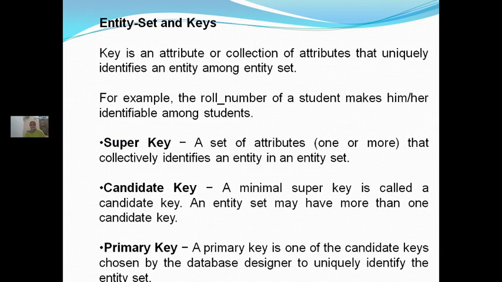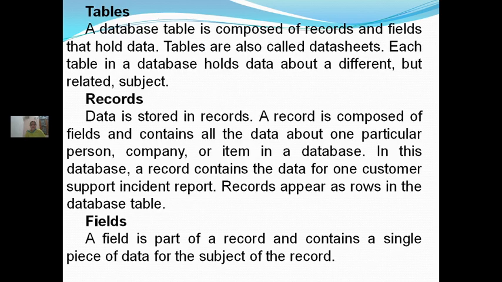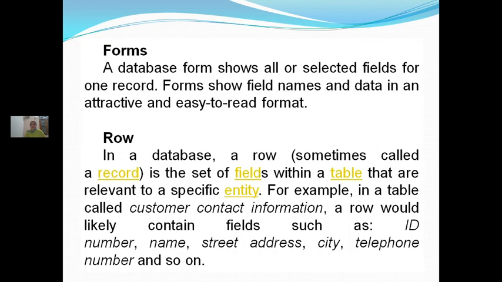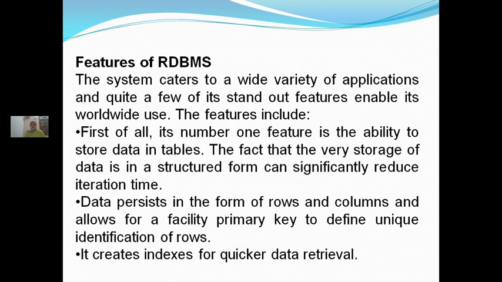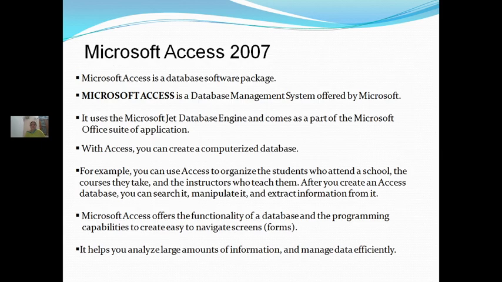Then we discussed what a key is, what the types of keys are, and about tables, records, fields, forms, rows, and also what an RDBMS, relational database management system, is, and we saw the features of a relational database management system, and how to open MS Access.